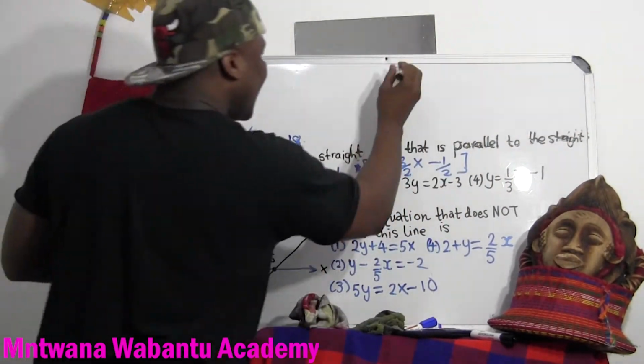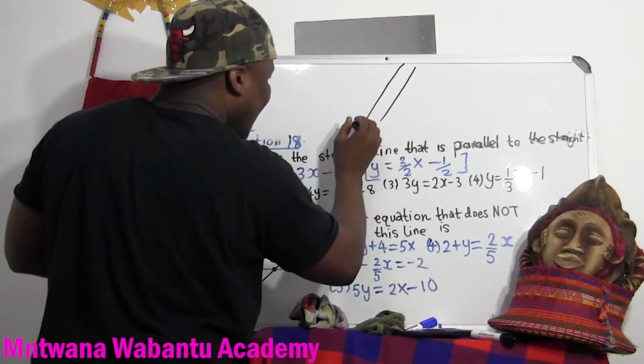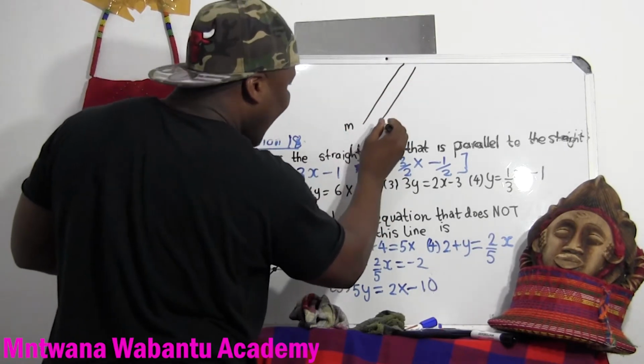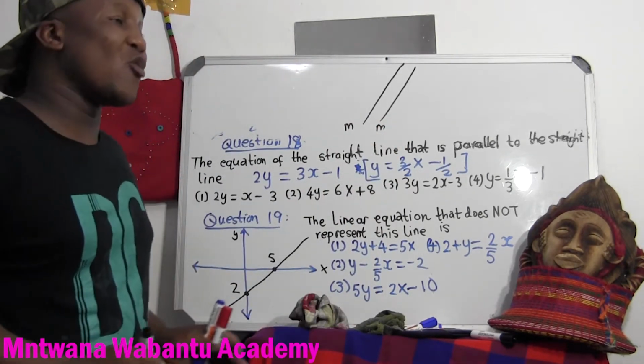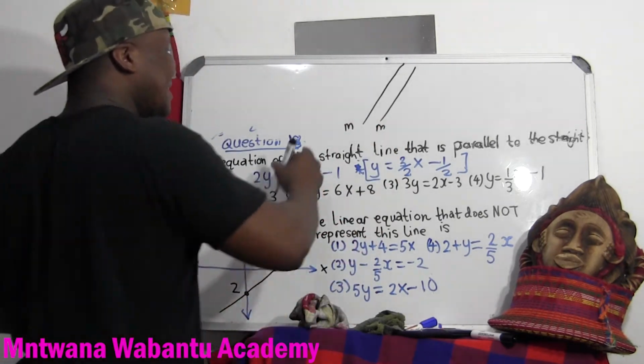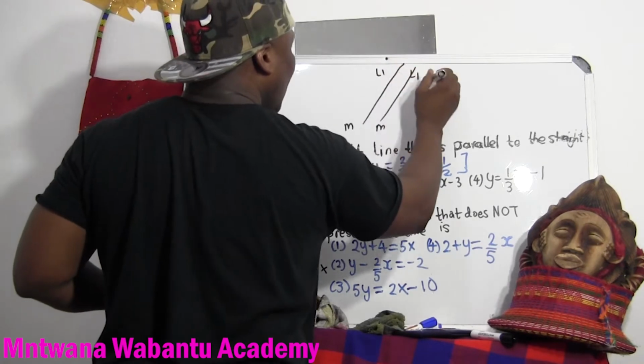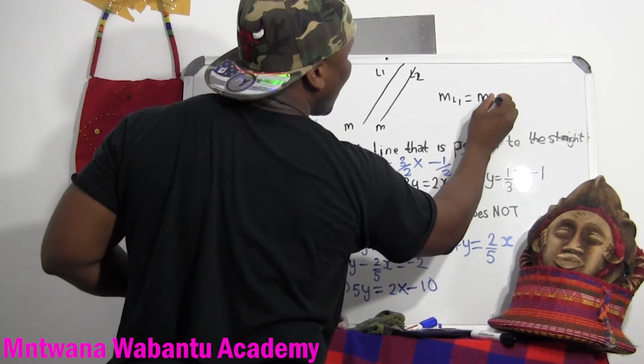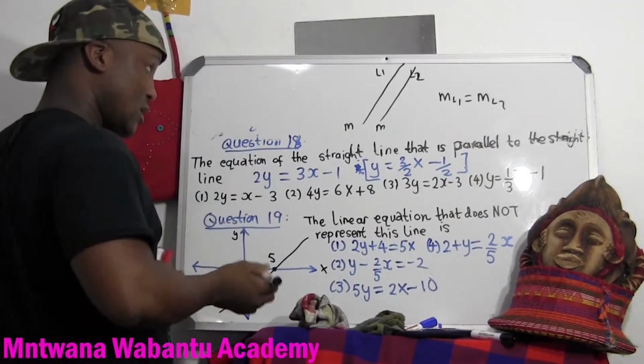If you have two lines, let's say this is a line and this is a line. The slope of this line, slope represented by the letter m, and the slope of this line, they must be equal because they're parallel. So whenever lines are parallel, let's say line 1 and line 2, the slope of line 1 must be equal to the slope of line 2. You see what I'm saying?